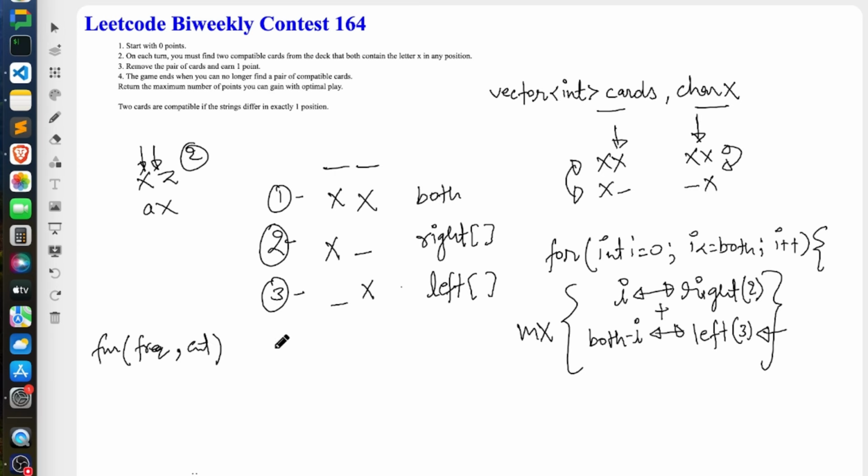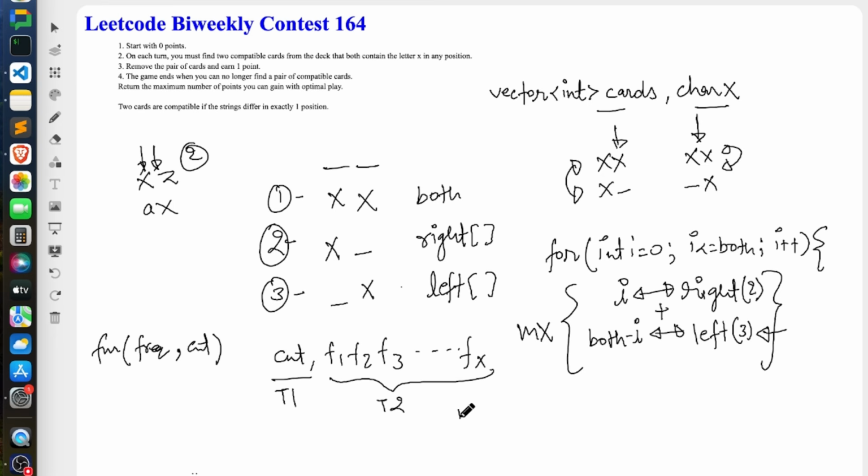So how many cards do we have? You have count number of type 1 cards, and something like this frequency, let's say this is f1, f2, f3, fx. So this is of type 1, and all these are type 2 cards, right? So now how many compatible pairs are possible?